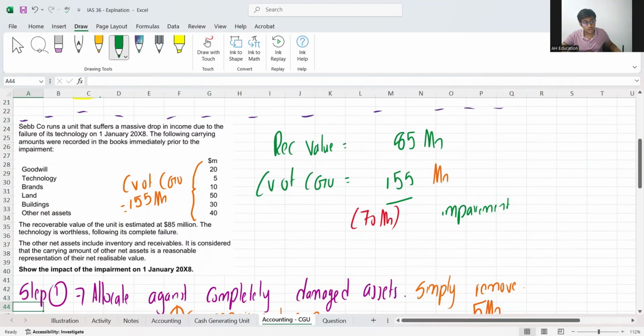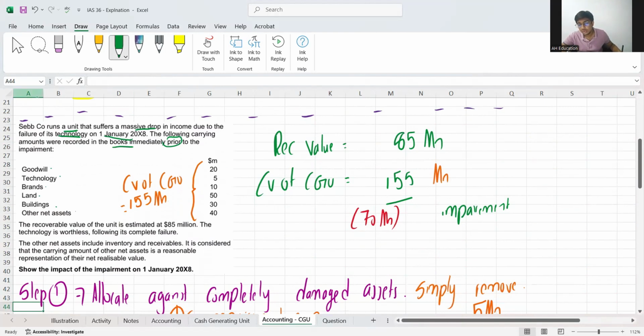Sevco runs a unit that suffers a massive drop, which is an indicator of impairment due to the failure of its technology. It's an internal indicator on 1st January 2008. The following carrying amounts were recorded in the books immediately prior to the impairment. They have 6 types of assets.